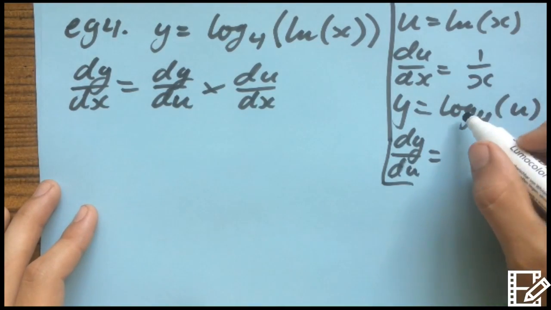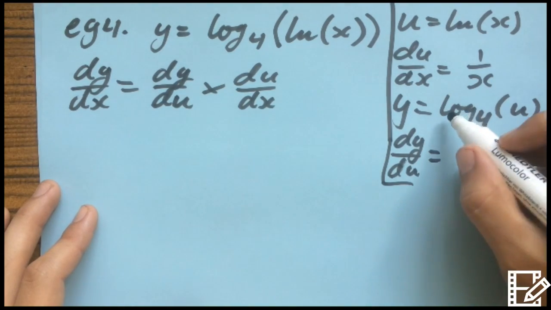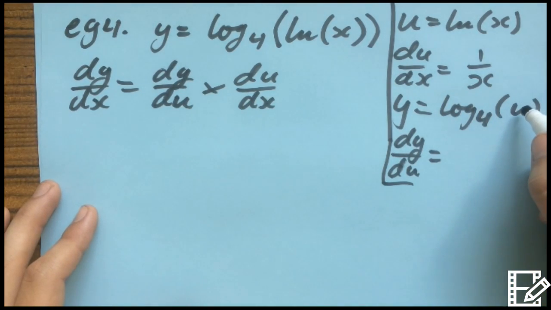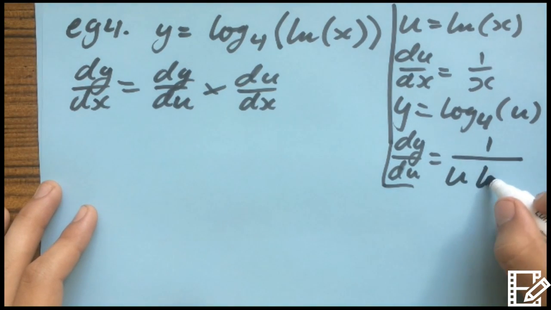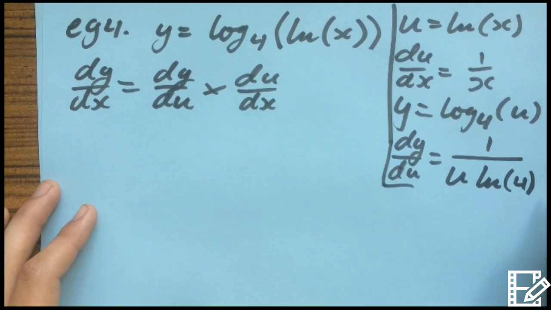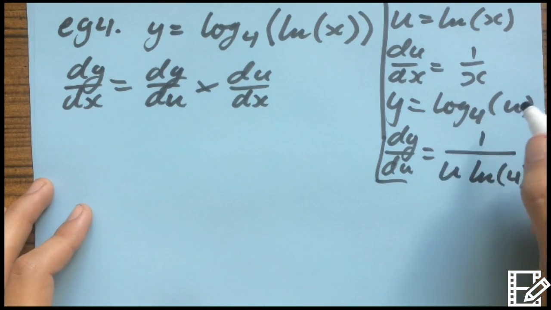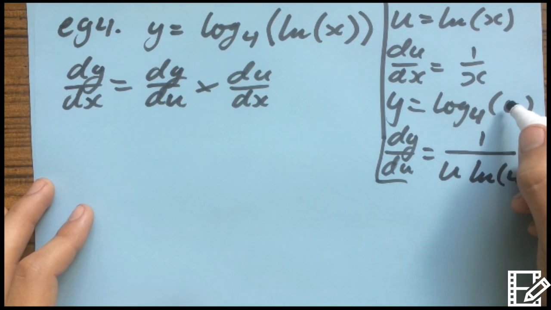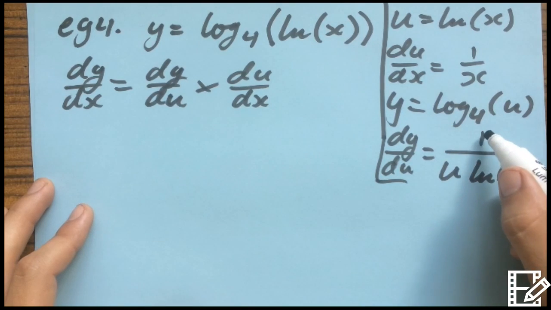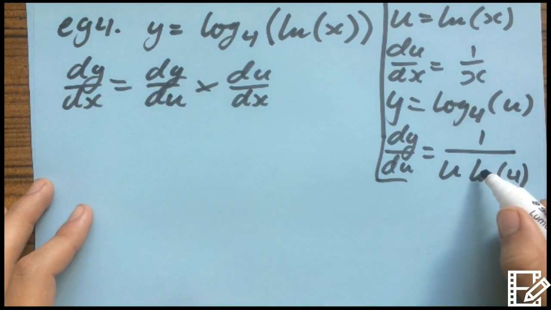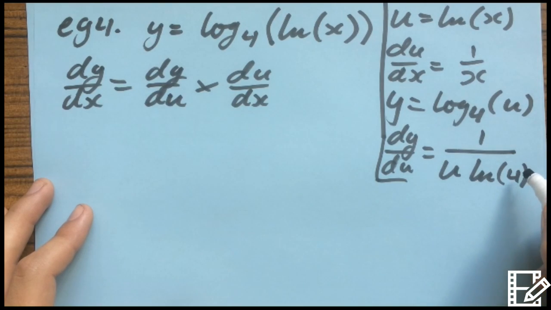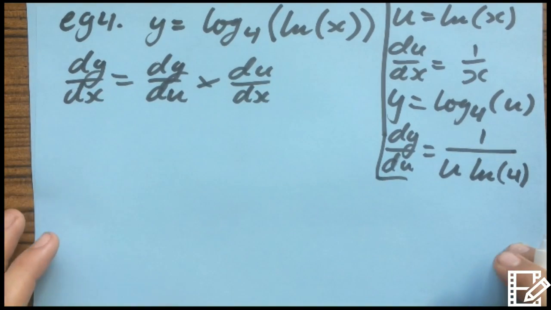Derivative of y with respect to u, log to the base of 4 of u, equals 1 over u ln 4. Because you have log to the base of a number, and then you have your variable, and then you end up with 1 over that unknown multiplied by the natural logarithm of the number.